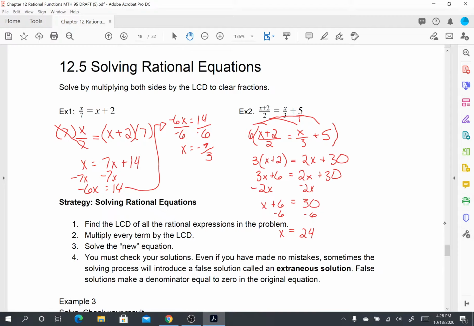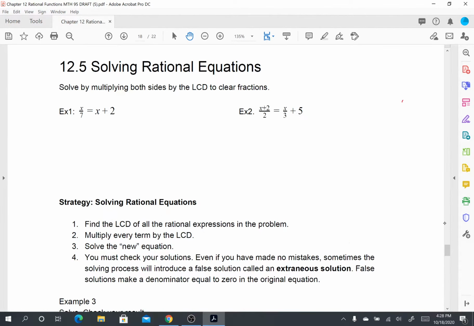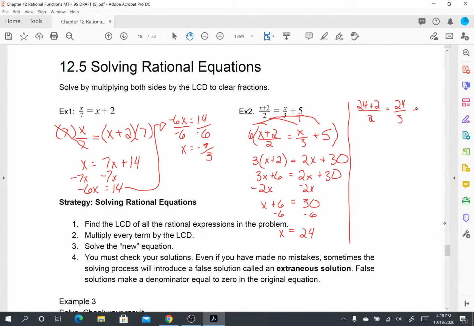So if I were to check the work that I just did above, I would put 24 in for x everywhere. So that would look like this. 24 plus 2 over 2 equals 24 over 3 plus 5.